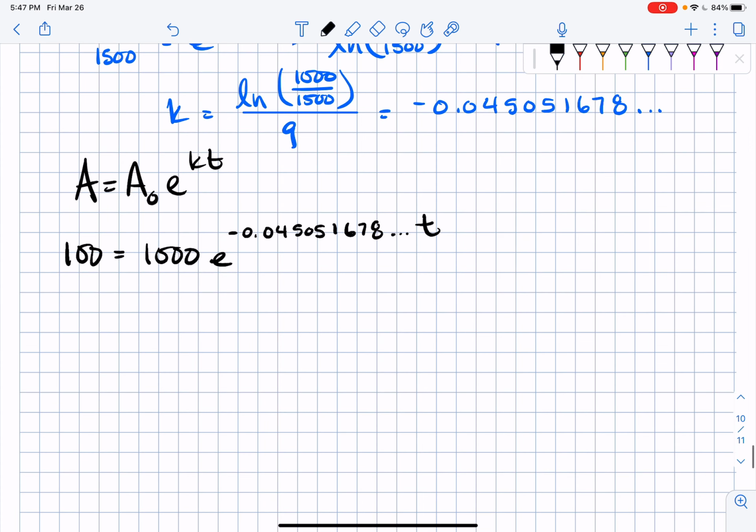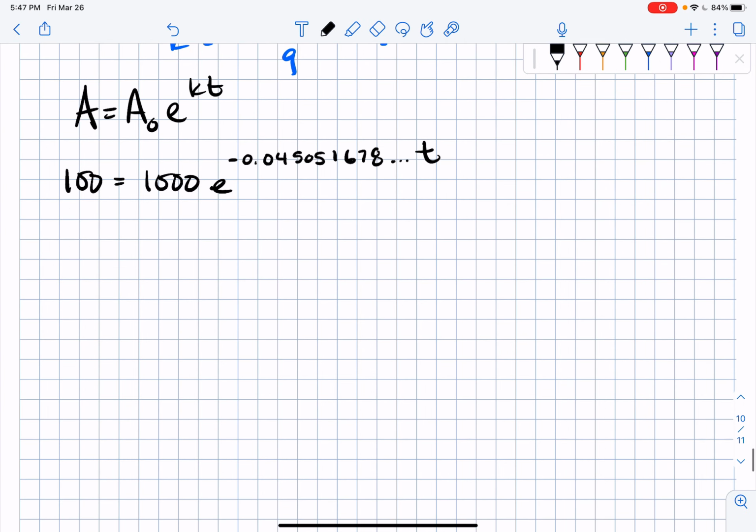Again, I have to find my t. Same thing, divide by the 1,000. So I have 100 divided by 1,000, and that's going to equal e to the negative 0.045051678 t.